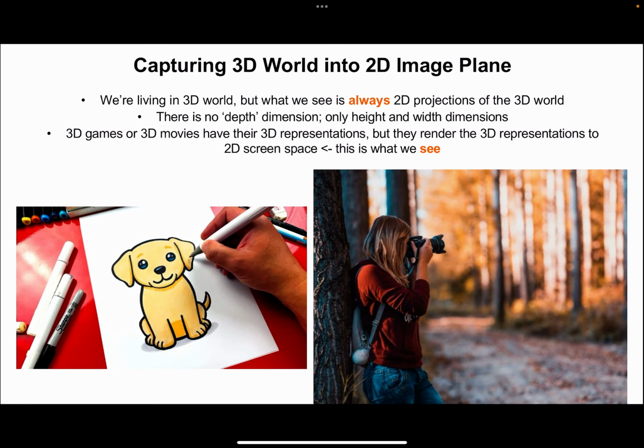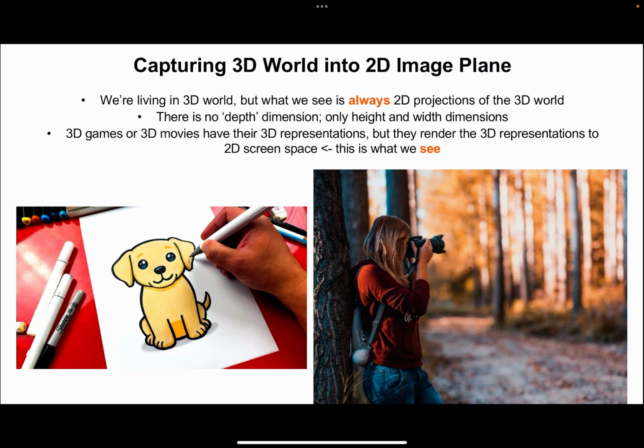And it's okay. Let's go to geometric image transformation. As I said, we are living in the 3D world, but what we see is always a 2D projection of the 3D world. You might be confused about what exactly is the difference between 3D and 2D, but what we see is always 2D.